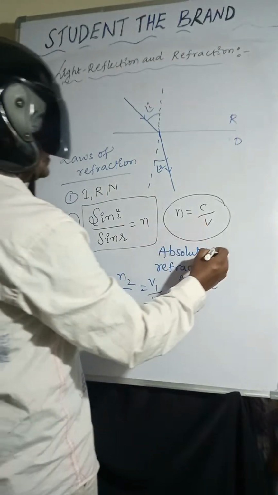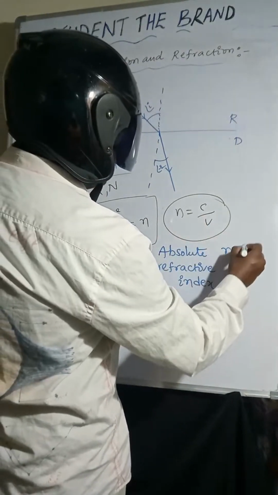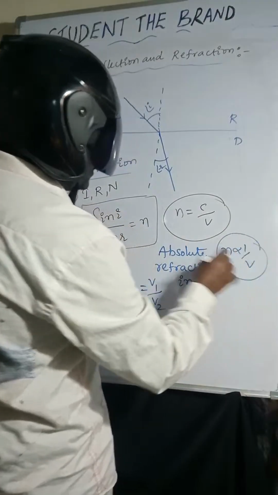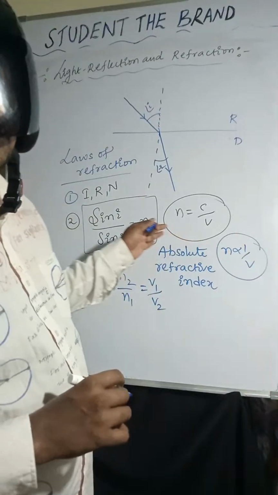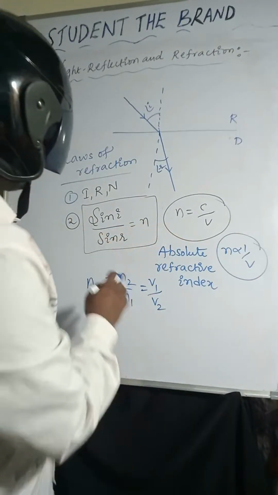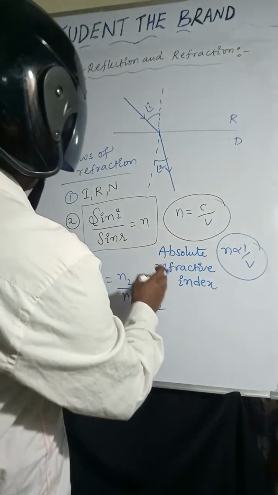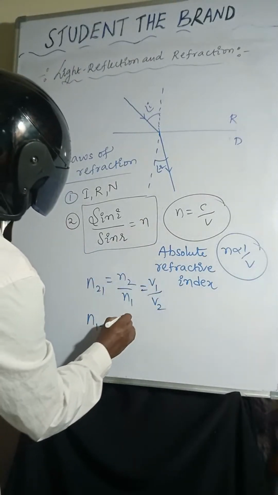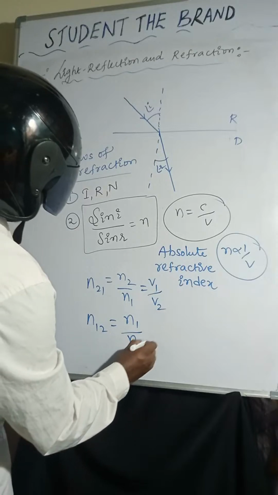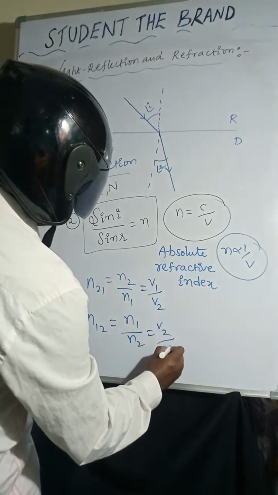Here n is inversely proportional to velocity. That's why n21 equals n2 by n1 equals v1 by v2, and n12 equals n1 by n2 equals v2 by v1.